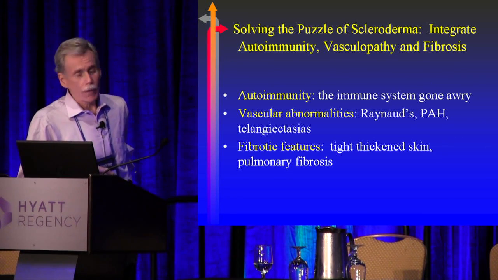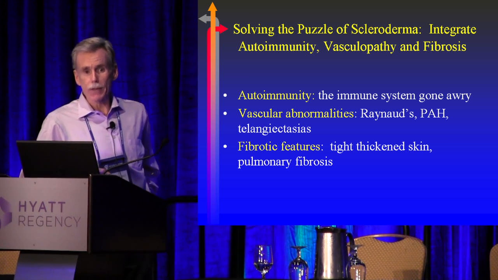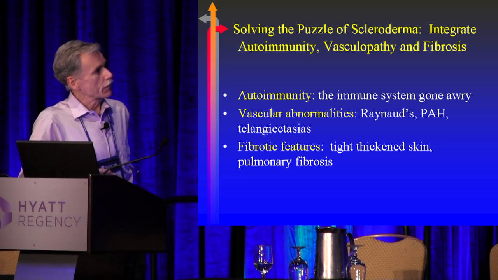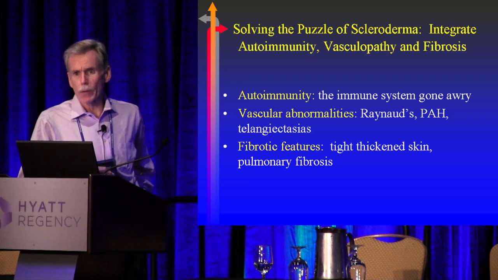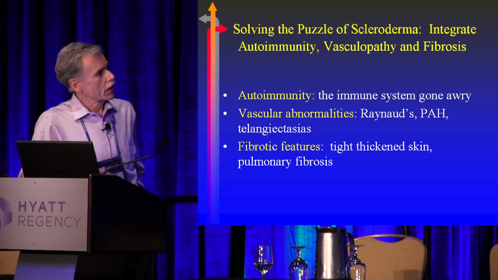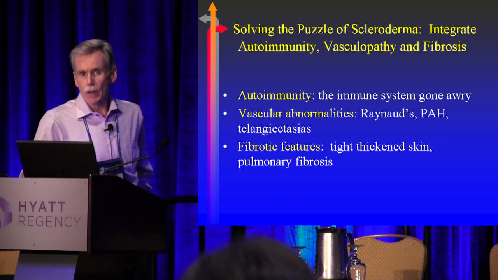Now, the puzzle that we grapple with as investigators trying to understand scleroderma is that, although it shares many features with other autoimmune diseases, it has some relatively unique features.